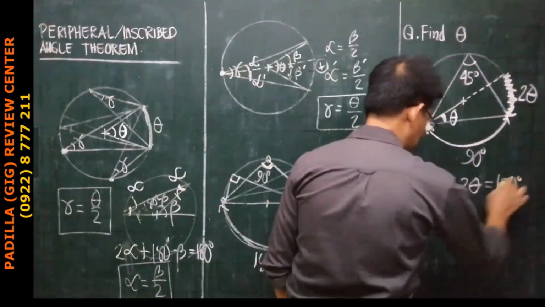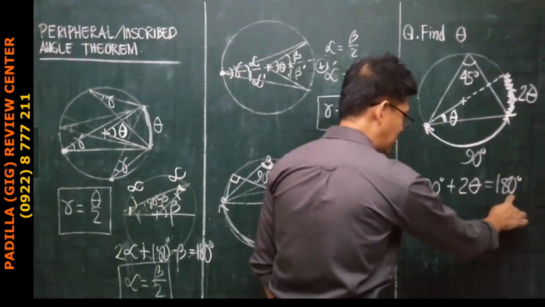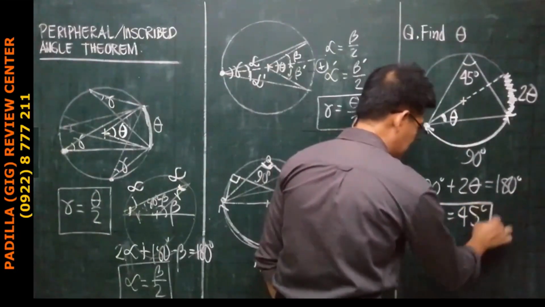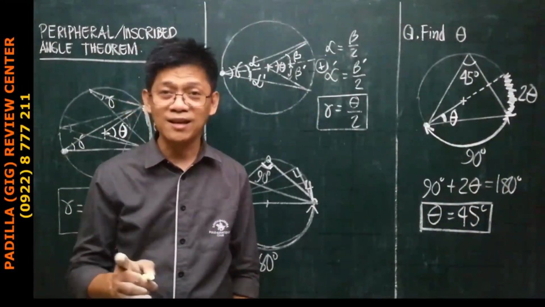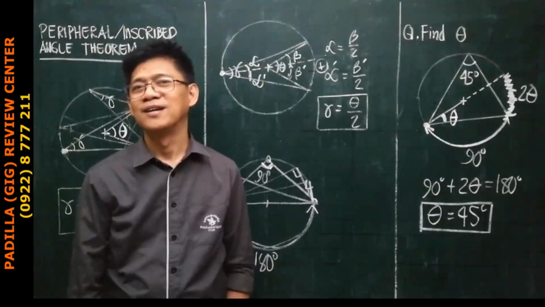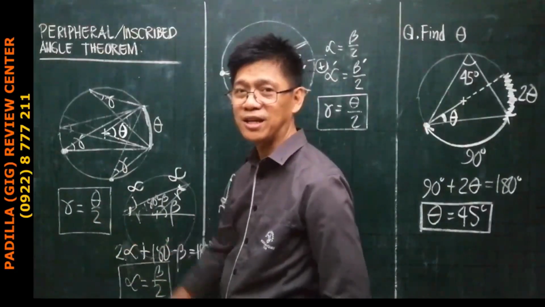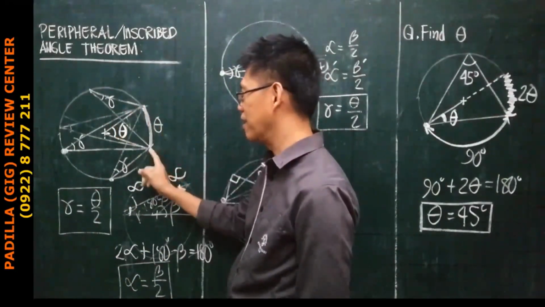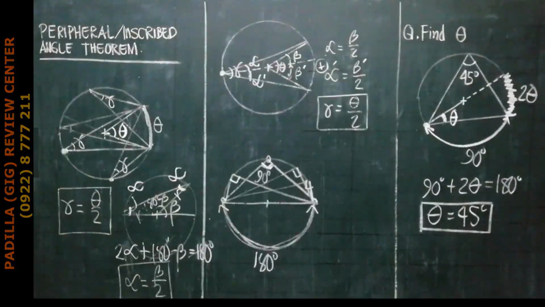Half circle. Solving for theta, it's 180 minus 90, 90 over 2. Theta is 45 degrees. Peripheral angle theorem: the peripheral angle is half the central angle or the opposite arc, or the opposite arc is twice the peripheral angle.